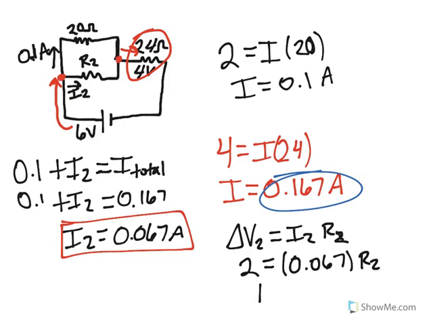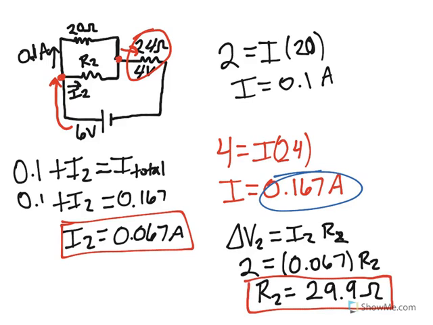And so when you do that math, I got 29.9 ohms. Now this is going to be different depending on what you used for your currents and how you rounded, but as long as you get something around 30 ohms, you should be correct. So now we have our two answers, I2 and R2.